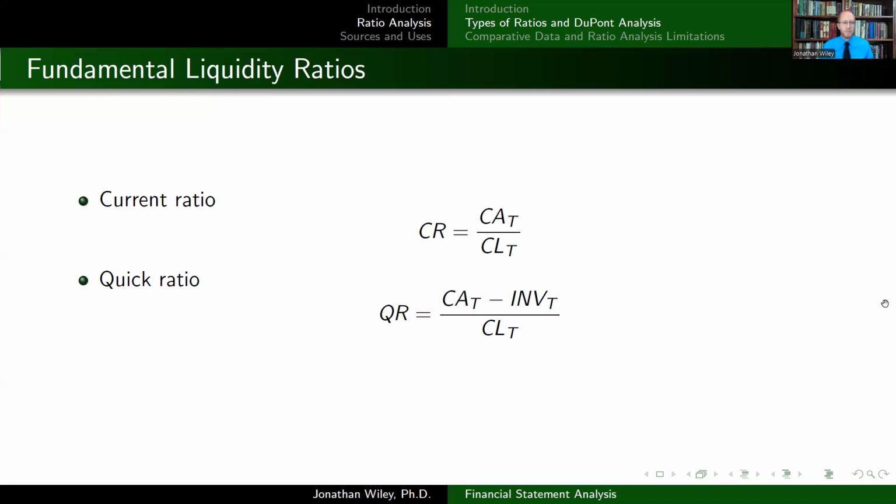Now, this does bring up an important point here. The quick ratio is always going to be lower than the current ratio because we've excluded inventory. The absolute highest the quick ratio could be would be if they're exactly equal, and that would only be possible if we had absolutely zero inventory. If you have a firm with zero inventory, the quick ratio and the current ratio would be identical.